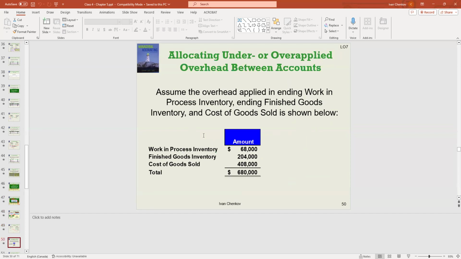The other option is I'm going to start chasing. Is there any of that overhead in products in work in process, finished goods, and cost of goods sold? They figure out there is some. So they figure out 68,000 is sitting in work in process, of the 680,000.